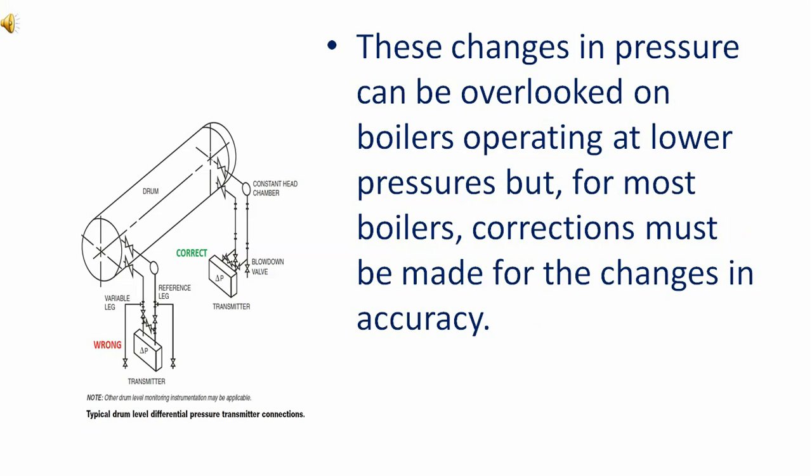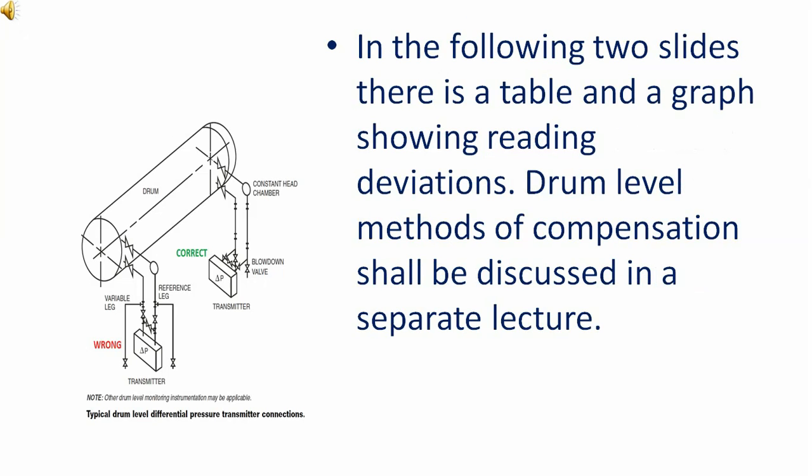These changes in pressure can be overlooked on boilers operating at lower pressures, but for most boilers, corrections must be made for the changes in accuracy. In the following two slides, there is a table and a graph showing reading deviations. Drum level method of compensation shall be discussed in a separate lecture.